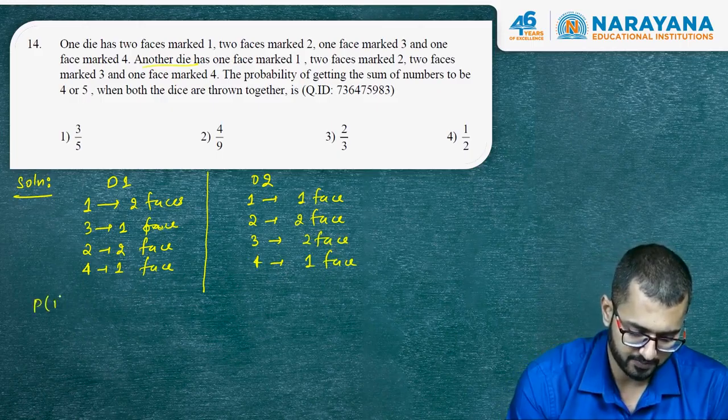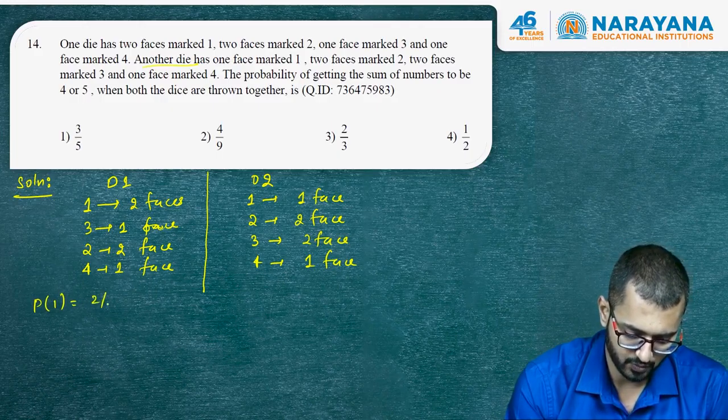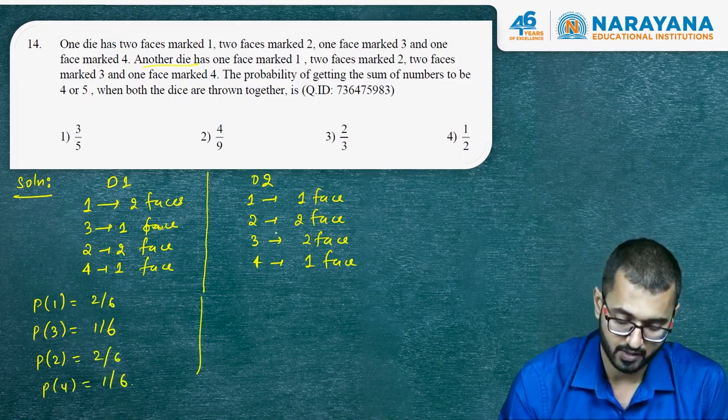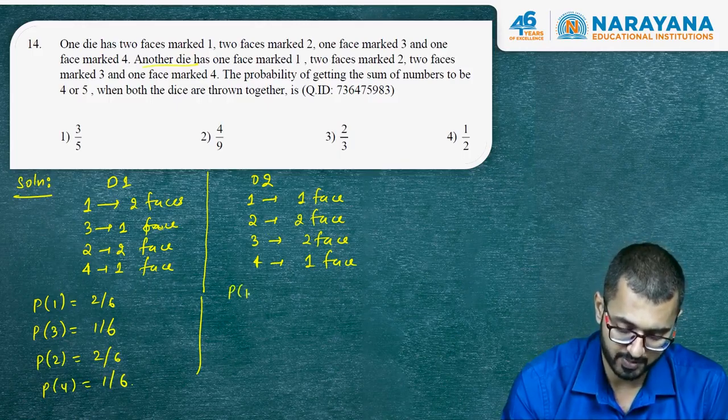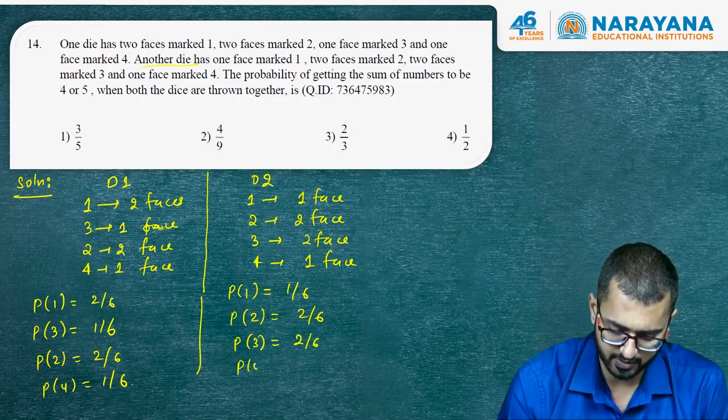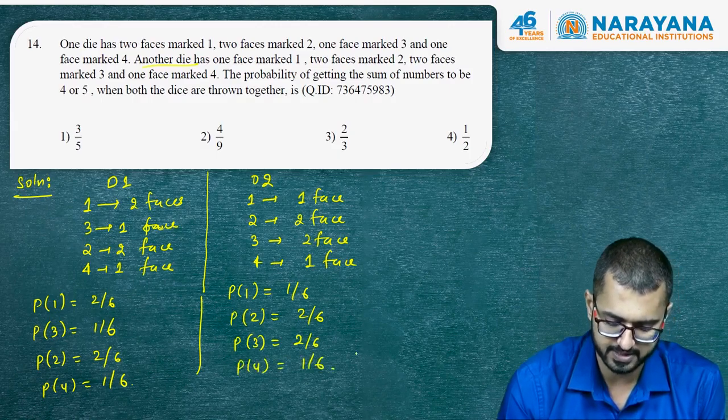Probability of 1 will become 2 by 6, probability of 3 will become 1 by 6, probability of 2 will now become 2 by 6 again, probability of 4 will become 1 by 6. This is on die 1. Now for die 2 what will happen? Probability of 1 will turn out to be 1 over 6, probability of 2 will become 2 by 6, similarly probability of 3 will become 2 by 6 and probability of 4 will become 1 by 6.